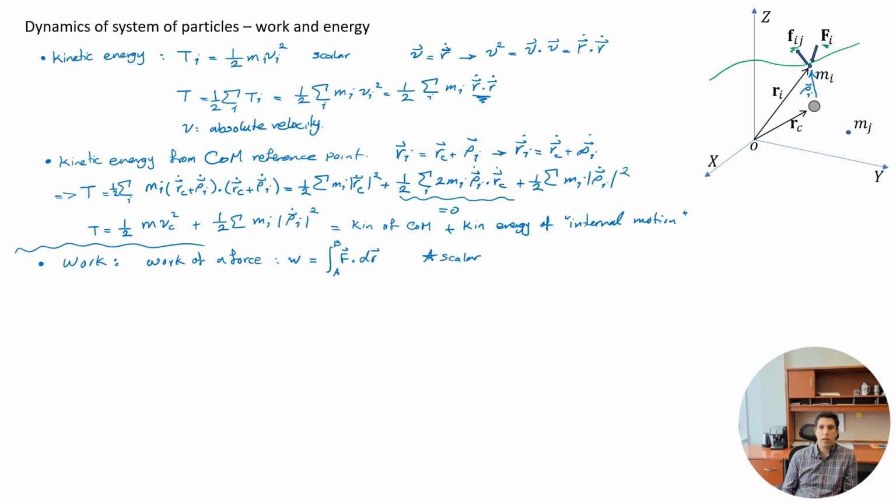In this example, I have a mass m_i subject to some external forces, capital F_i, and some internal forces, F_ij. What I can do is find the total work acting on that particle: the integral from A to B of all forces dot dr as my object moves some infinitesimal displacement dr along the path.